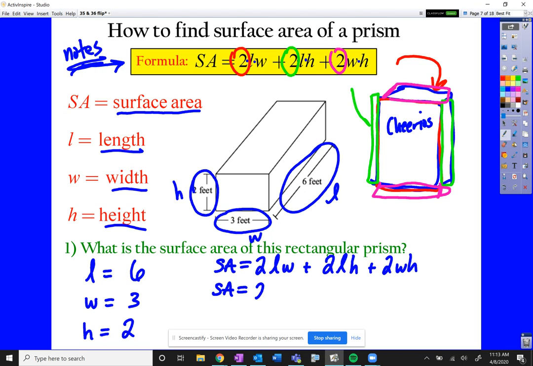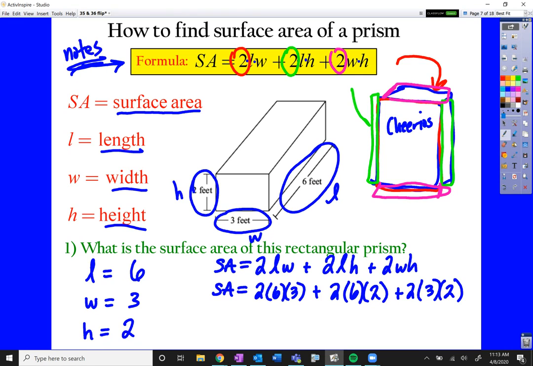Here we go. 2 times the length, which is 6, times the width is 3. 2 times the length, which is 6, times the height, which is 2. Plus 2 times the width, which is 3, times the height, which is 2. That's all we're doing. Plugging it in. Love it.